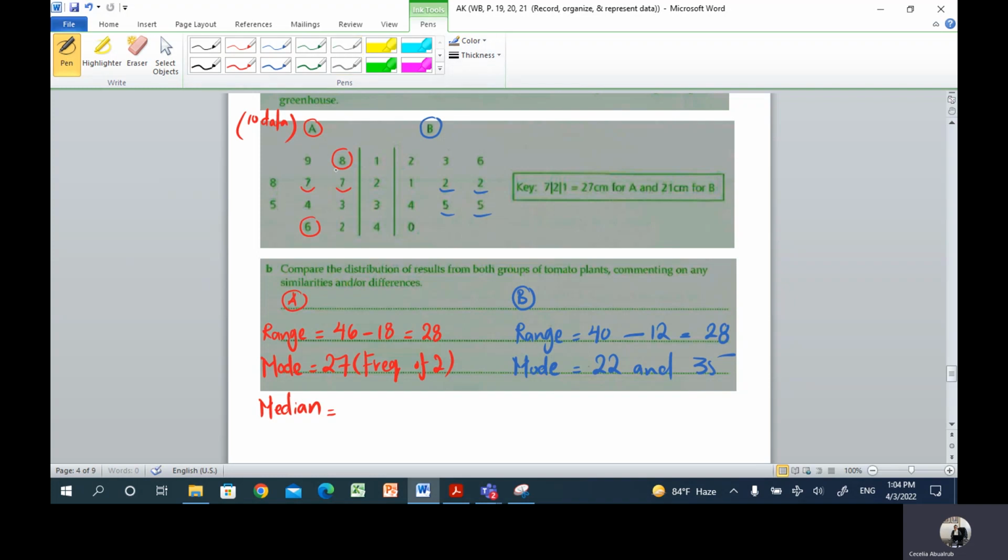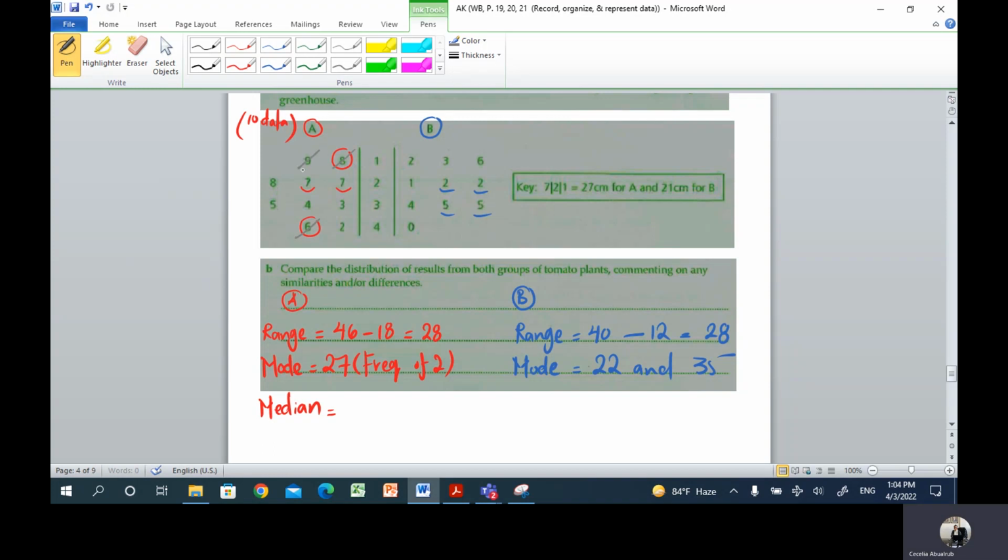You cross out the smallest and the greatest. So you start by crossing out the smallest data and the greatest data.